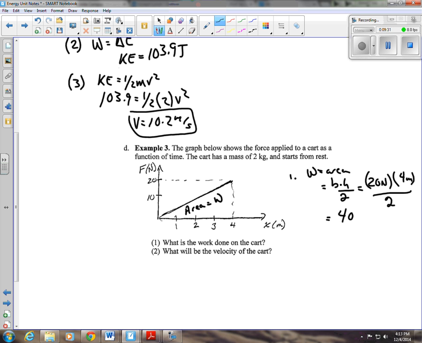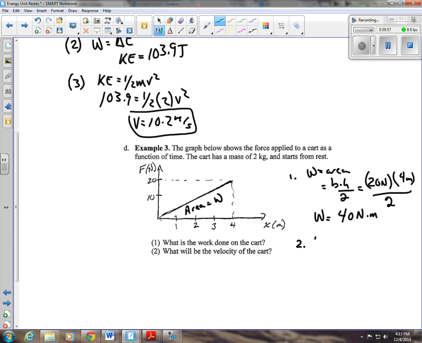Now, if you look at these units, it's newton meters. And that's actually an acceptable unit for work. And it's actually exactly equivalent to a joule. So I can write 40 newton meters, or I can write 40 joules. And then what will be the velocity of the cart? The cart starts from rest. The work done is 40, so it had 0 kinetic energy. I'm going to work on it, giving it 40 joules of energy. That's going to be kinetic energy.